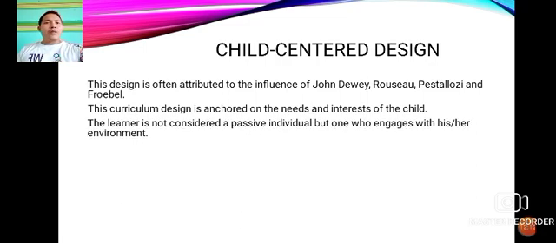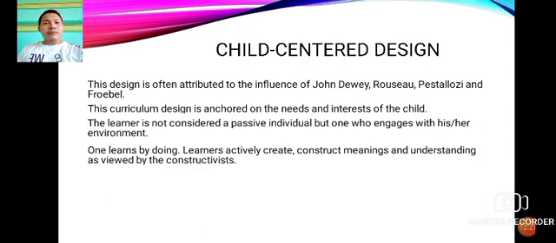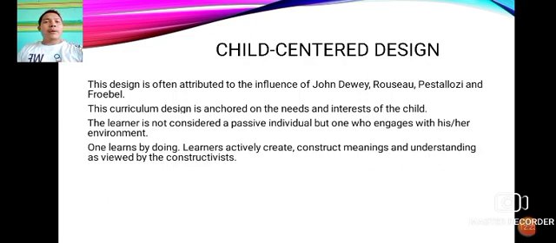The learner is also considered not as a passive individual, but one who engages with his or her environment. One learns by doing. Learners actively create and construct meaning and understanding, as viewed by the constructivists.